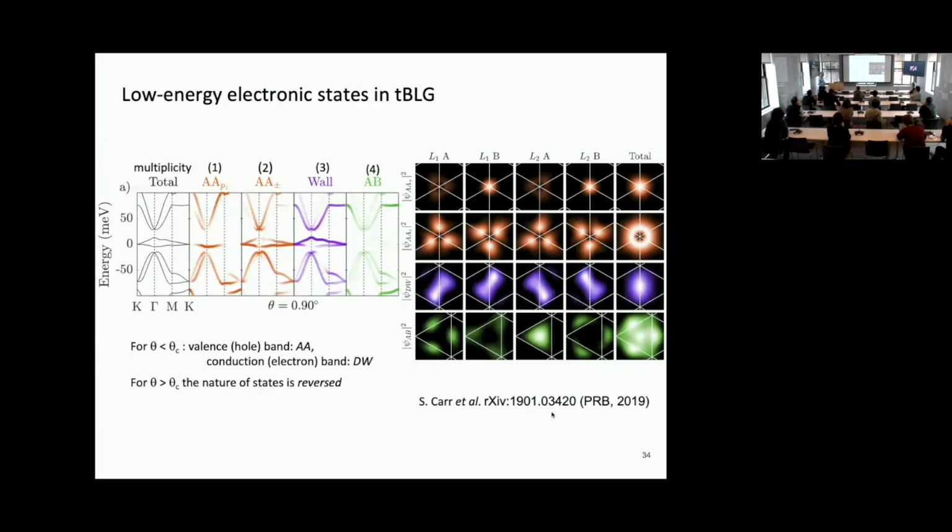The orange wave functions correspond to states that are localized in the AA regions of pz character or px plus or minus i py character. These are the contributions of the wall-related states, and these are the contributions of the AB or BA states. This is the multiplicity of each one of them. If you sum them all up, you have 10 states here per moire unit cell.